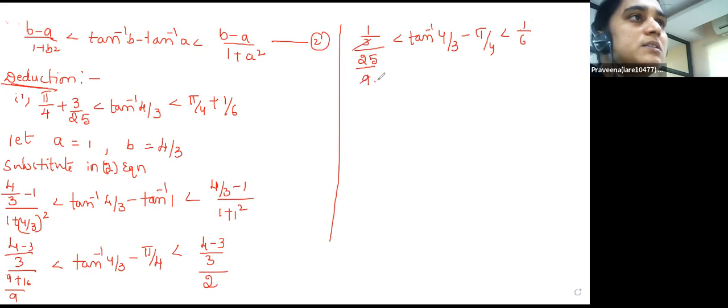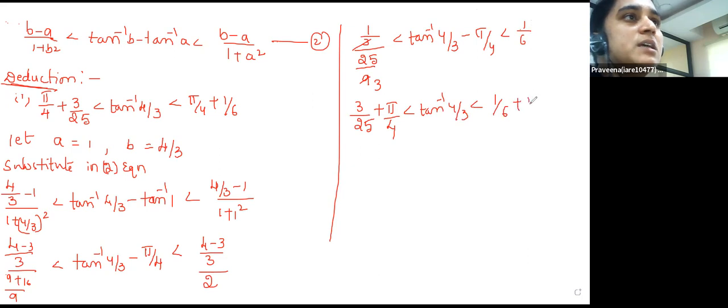Here 3 threes are 9. From that, 3 by 25. I'll take minus pi by 4 to this side, that is plus pi by 4 less than tan inverse 4 by 3 less than 1 by 6 plus pi by 4. Okay, we proved this one. Hence proved from the second equation.